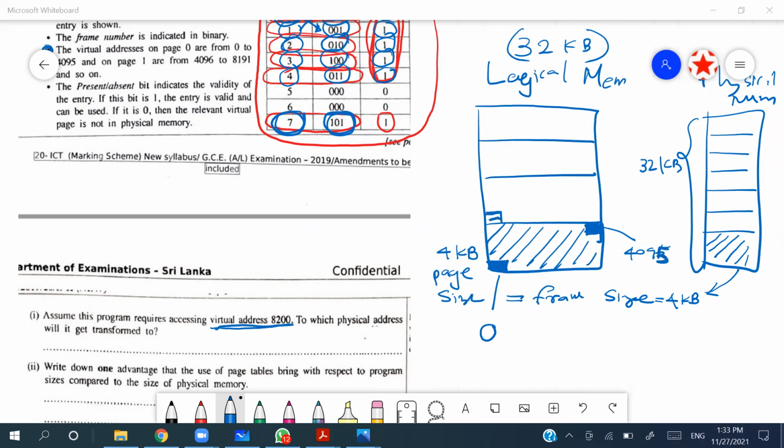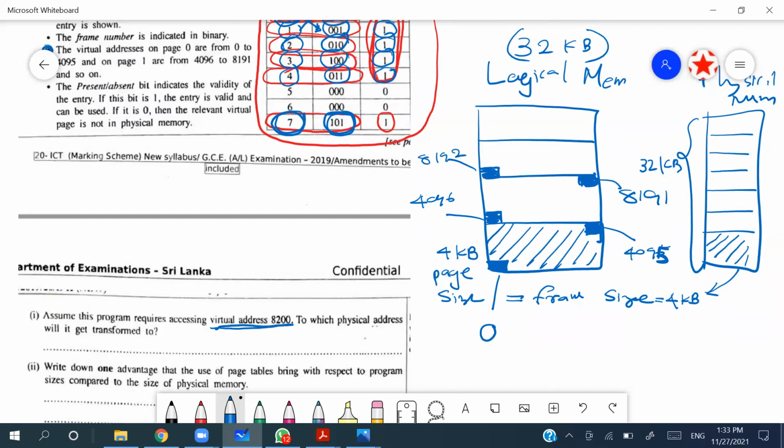And this starts from 4096 and this ends with 8191. So with that we can say this is going to start from 8192.